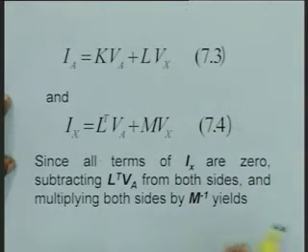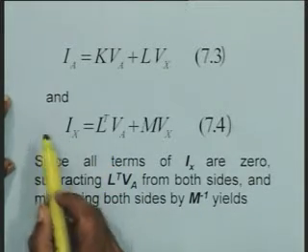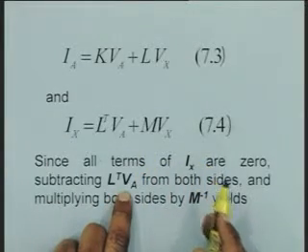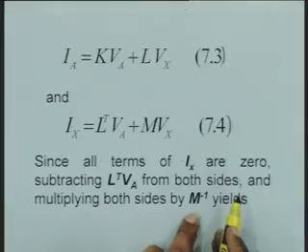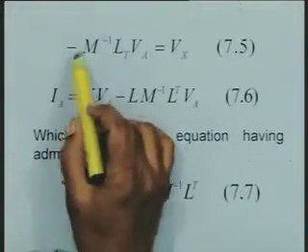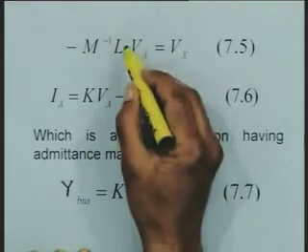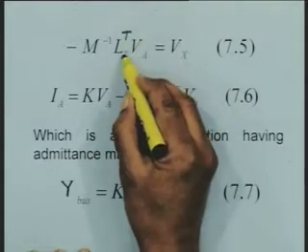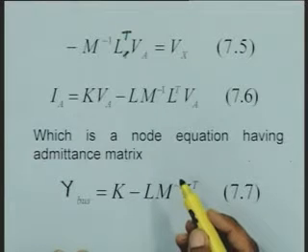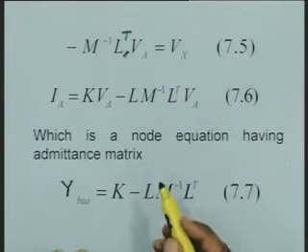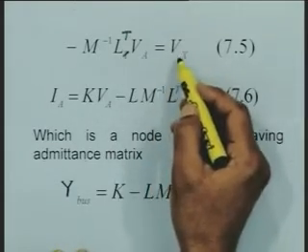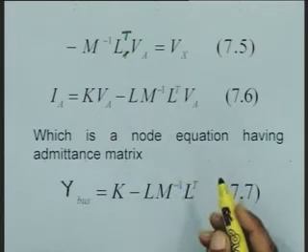When you do these two operations, you will get an equation in the form minus M inverse L transpose Va, equal to Vx. Now, we have obtained the expression for Vx in terms of other known quantities.